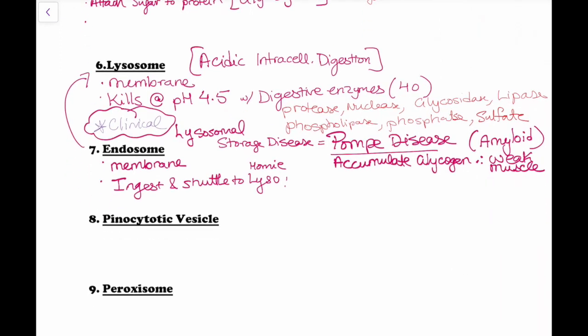Next, we have a pinocytic vesicle. Pinocytic vesicle, as the name implies, eats up anything. So it just eats it up or digests it in a vesicle.